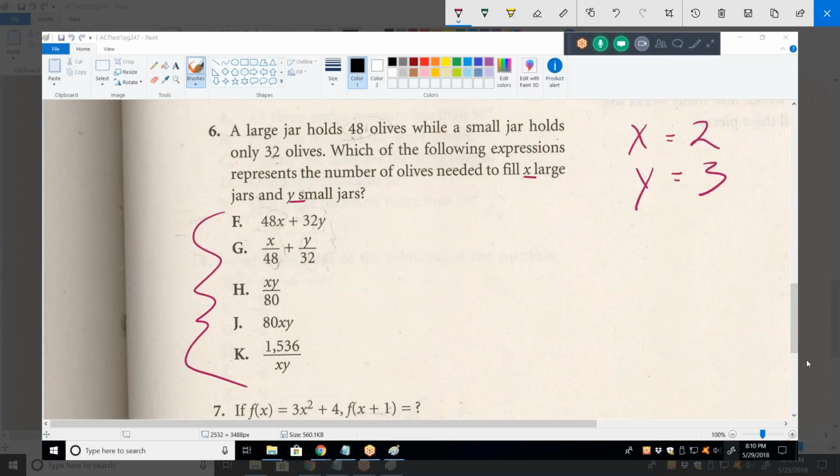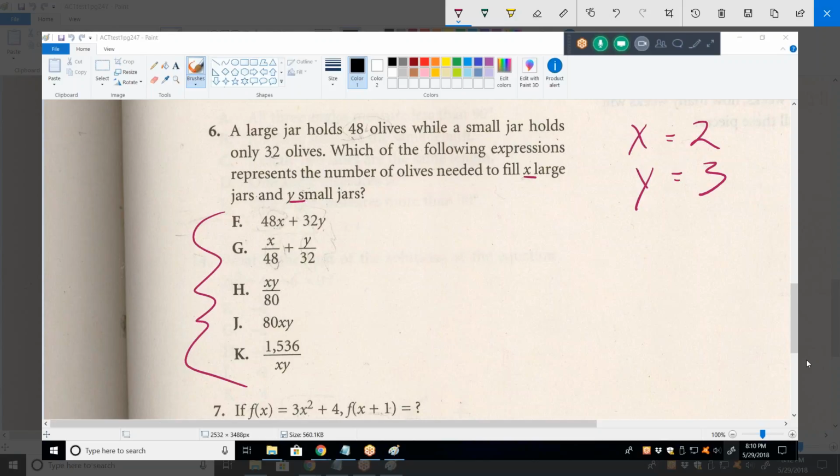Now, the only reason I'm showing you this is because as these get more complicated, in other words, when they put in a third variable and division is needed, it's a lot harder to come up with which one is correct. But if you pick numbers, you'll always be able to do it. Notice that I picked the two lowest numbers.